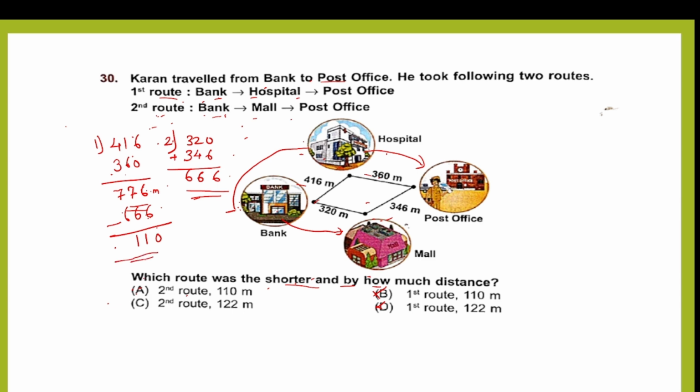So the second route is shorter by how much distance? That is 110 meters, which is given in option A. Therefore option A is the correct answer. Therefore Karan will travel from bank to the post office via the second route.